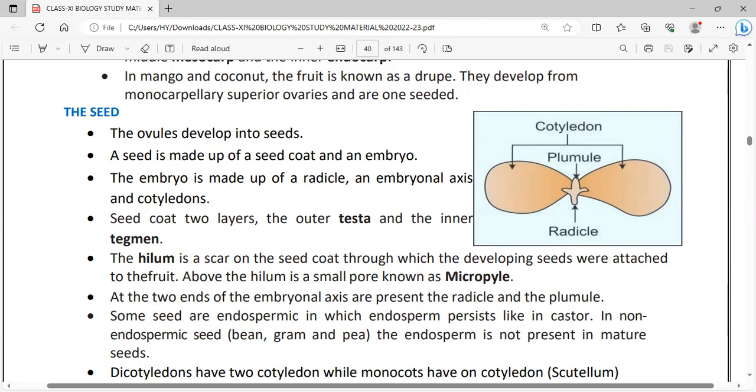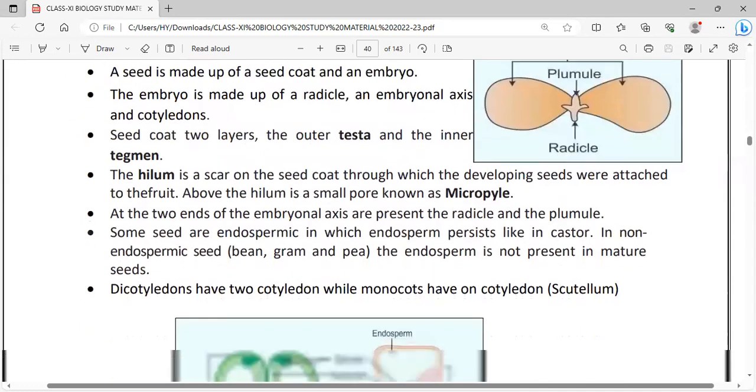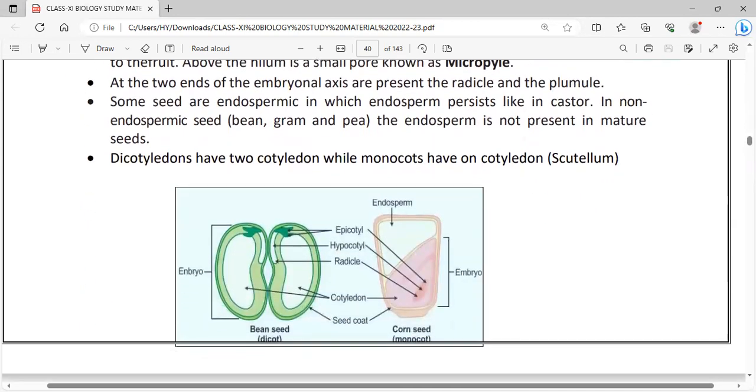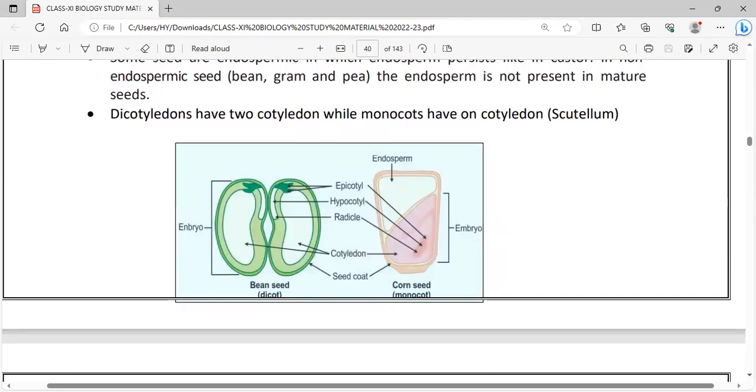root. And in the monocot there is a single cotyledon called scutellum, and the structure is like the downward corn seed shown. There is an embryo in the corn seed which is having the stem cap called coleoptile and the root cap called coleorhiza, and endosperm is also present in the maize seed, which is acting as a reserve food material.